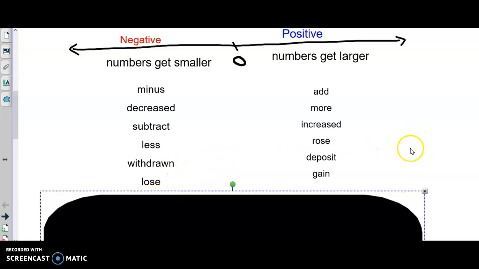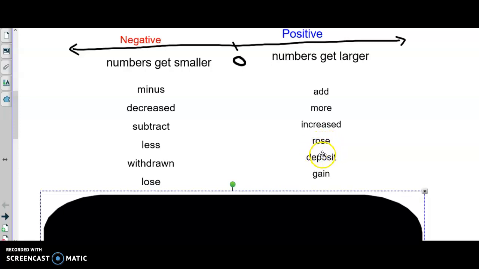Some words that will tell you if a number or an integer is positive are add, more, increased, rose, like it rises, rose or rise. It rose, so your bank account may have rose 3% profit.